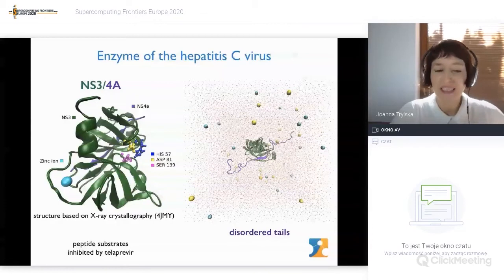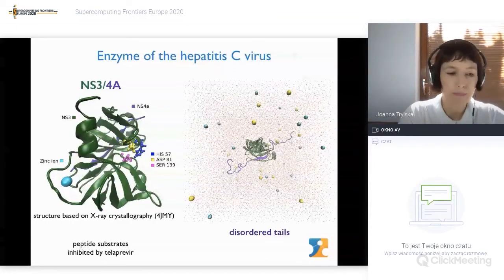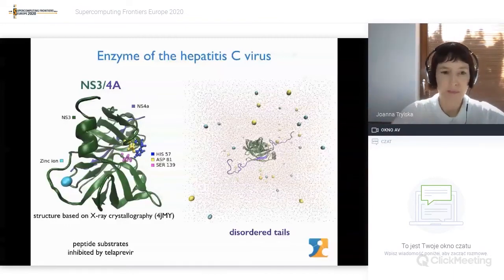It's not 100% known, at least for all the parts. So we were interested in how the function of this enzyme is affected by macromolecular crowders. And here is one story that comes with some experiments.